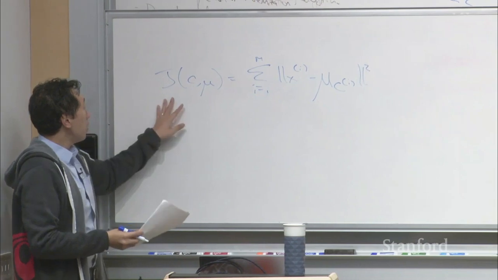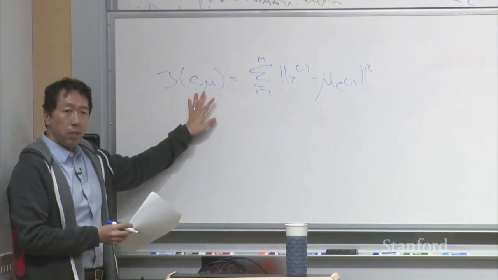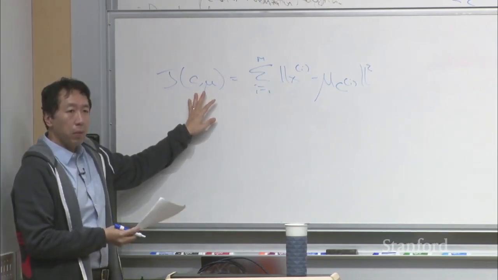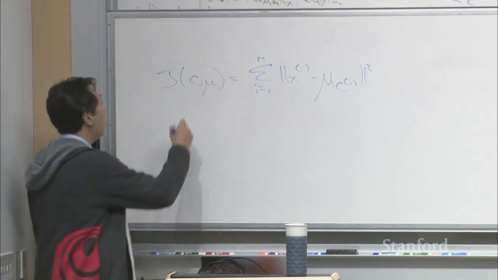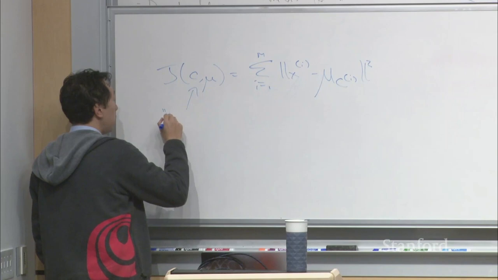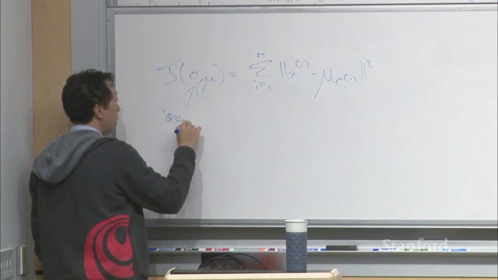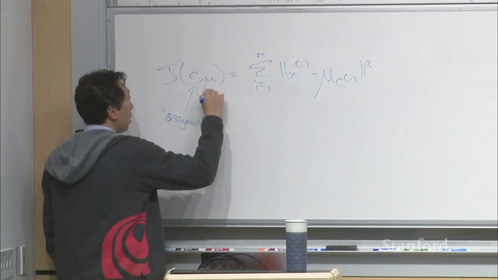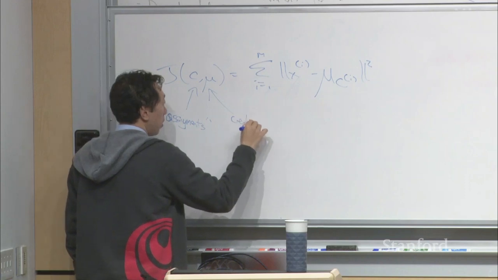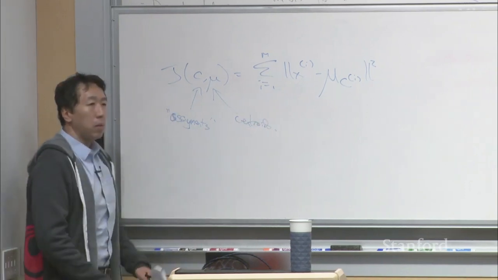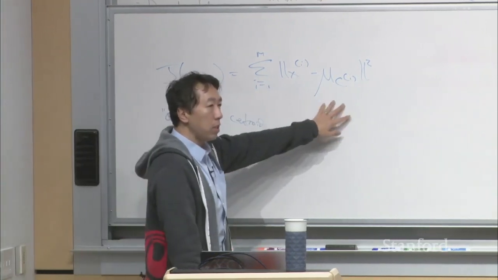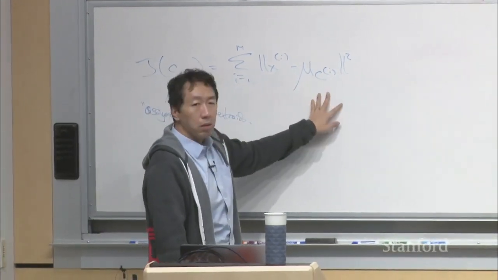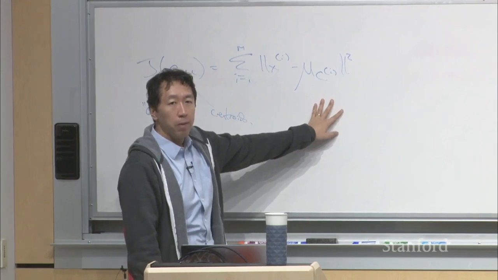So the cost function for a certain set of assignments of examples to cluster centroids, and for a certain set of positions of the cluster centroids. So C, these are the assignments, and these are the centroids, right? So this cost here is the sum over your training set of the squared distance between each point and the cluster centroid that it is assigned to.